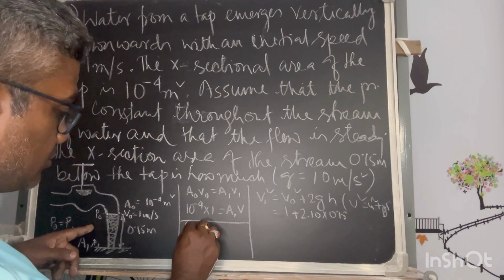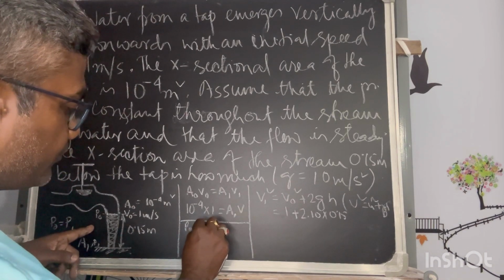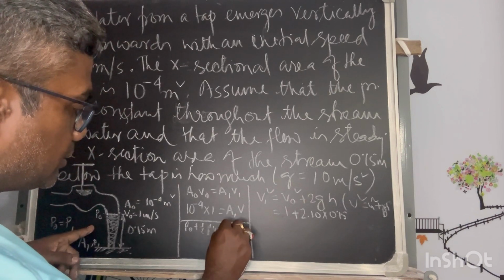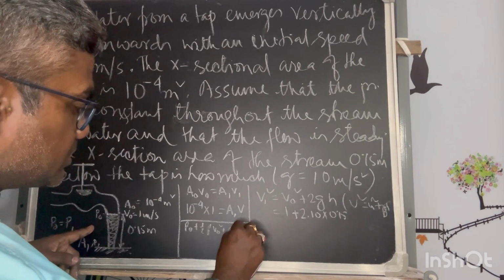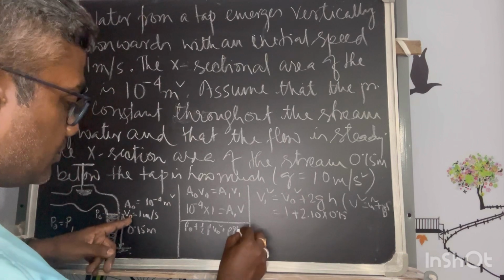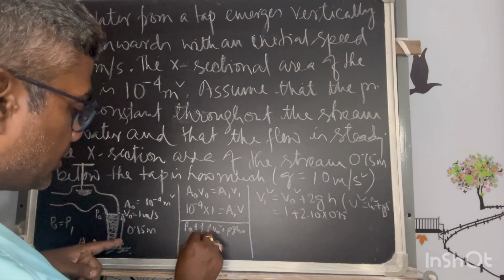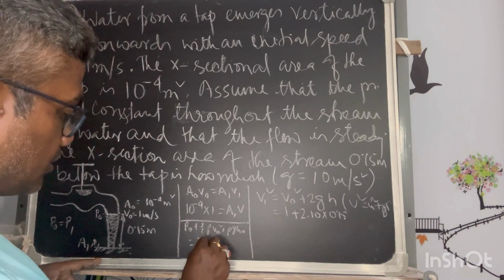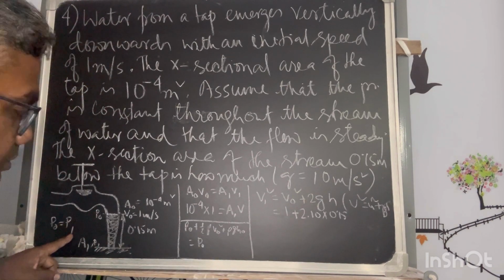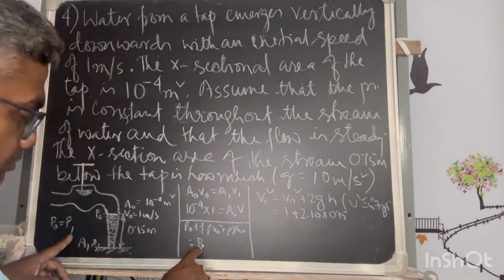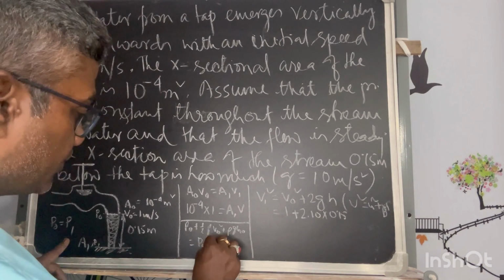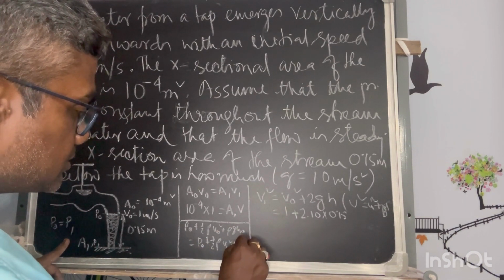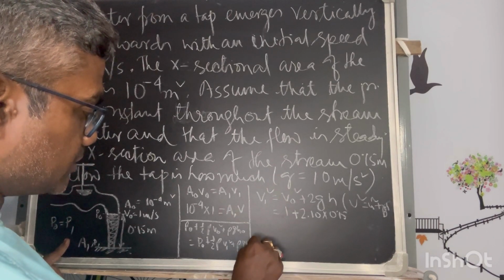So this is P0 plus half rho V0 square plus rho g h0 is equal to, because the pressure is the same, so I am taking P, this is also P0, because P0 and P1 are the same, it must be P1 but instead of that I am putting P0, plus half rho V1 square plus rho g h1.